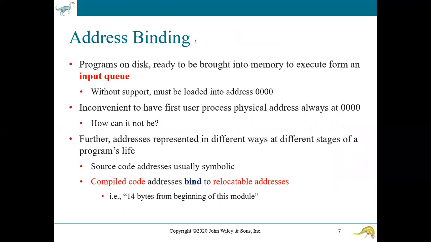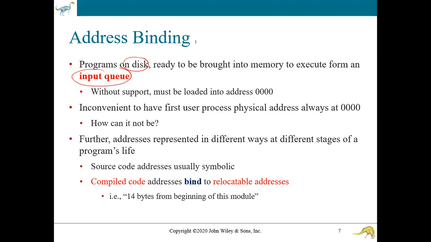So, address binding. It's very important that the address should be within the limit. A program on the disk is ready to be brought to the main memory to execute, in an input queue. That means you're maintaining a queue of programs that need to be brought to the main memory, right?